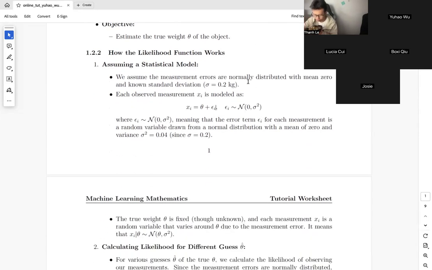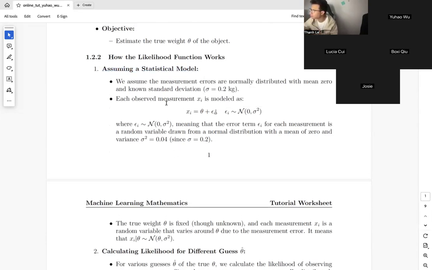So the first step is assuming a statistical model: x is equal to the true weight plus some error term, and we assume this error term belongs to a normal distribution with zero mean and variance sigma. This is the assumption.